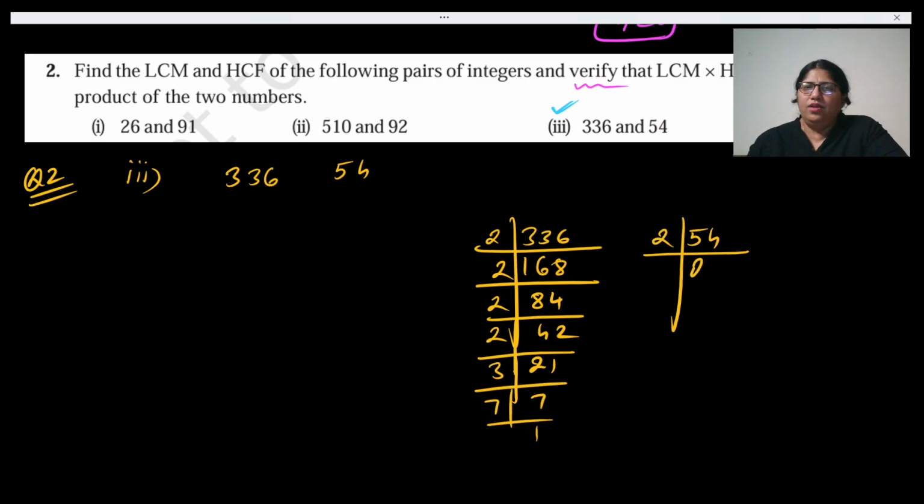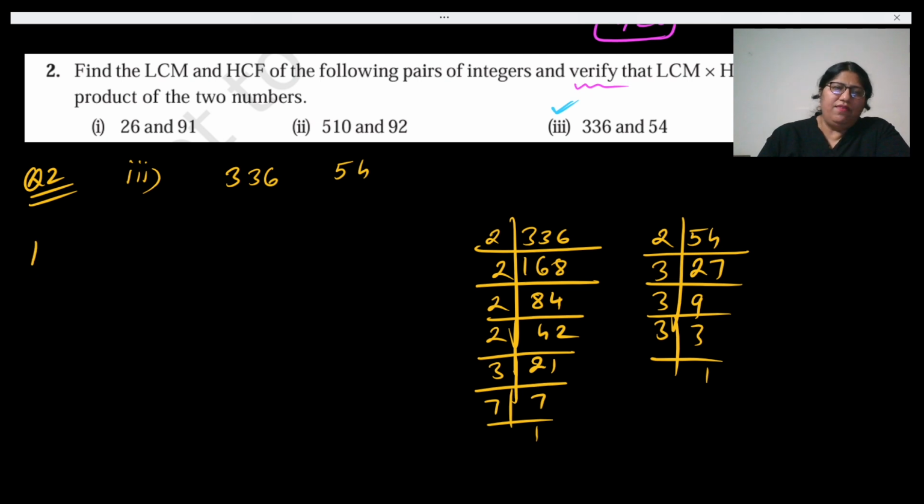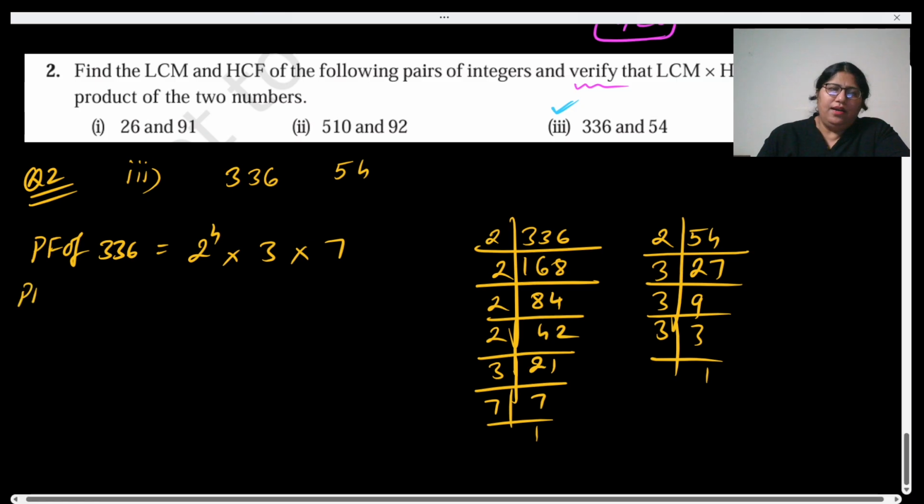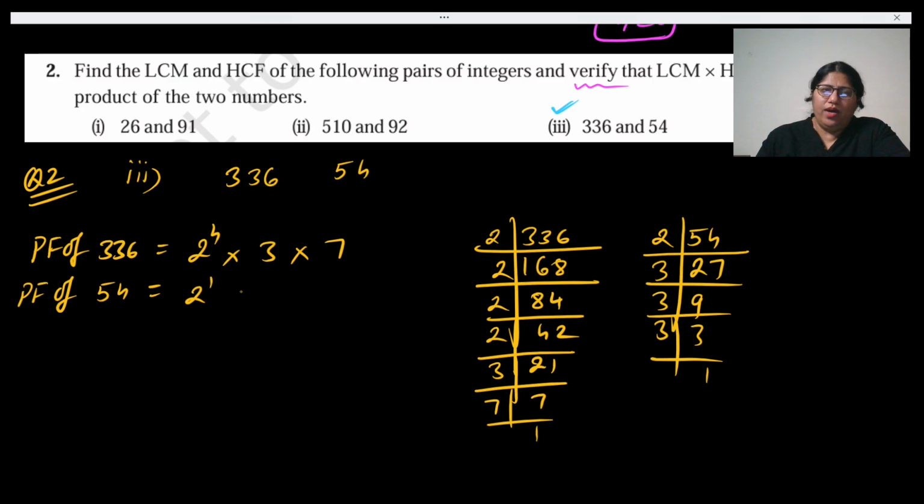So the prime factorization of 336 is 2 to the power 4 times 3 times 7. Similarly, the prime factorization of 54 is 2 to the power 1 times 3 to the power 3. Here where there's no power, it means it is 1 only.